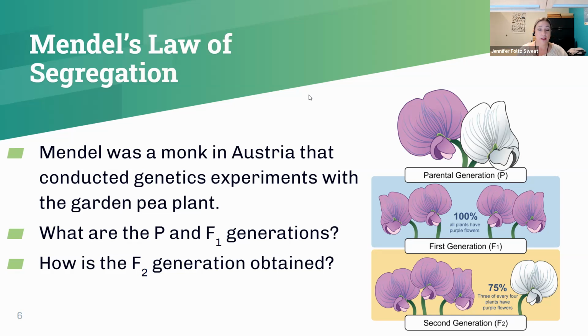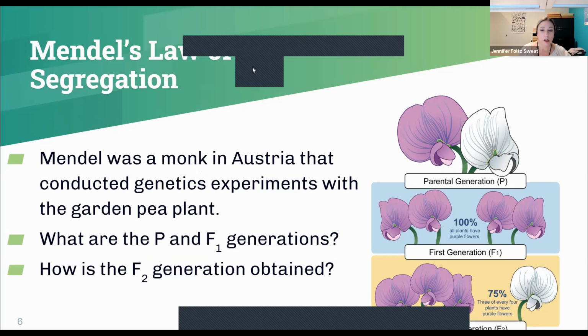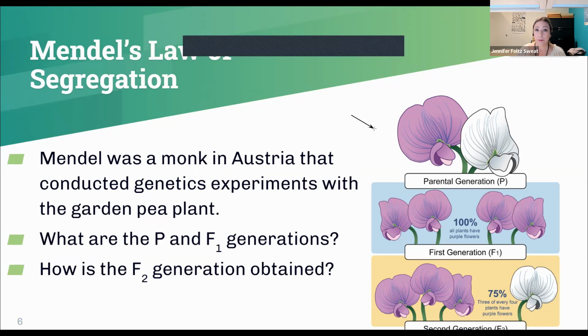So as I stated, he conducted experiments on the garden pea plant. And I'm going to show you how these worked with Punnett squares in just a moment. First of all, when Mendel or anyone crosses 2 organisms, in this case plants, the first cross is what we call the parental or P generation.